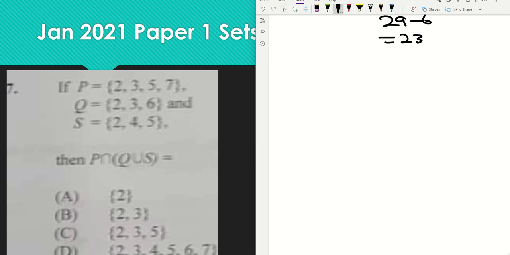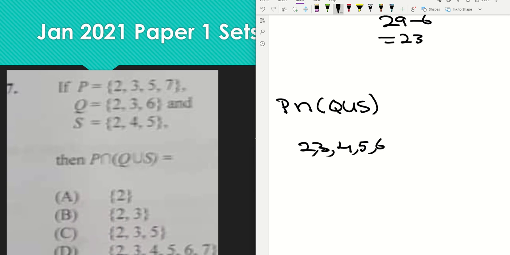So Q union S means we are combining the S and Q elements. It will be 2, 3, 4, 5, 6. That is Q union S.